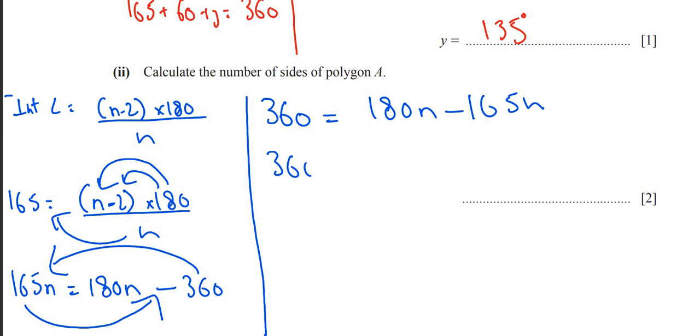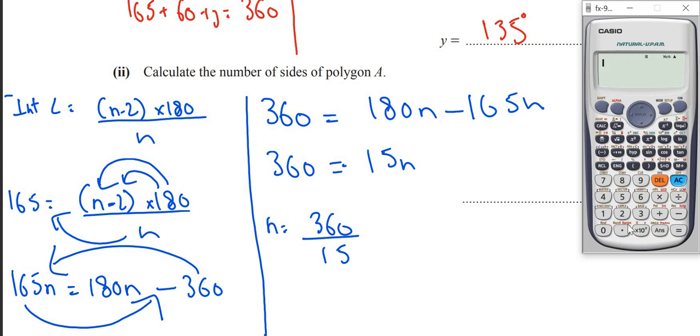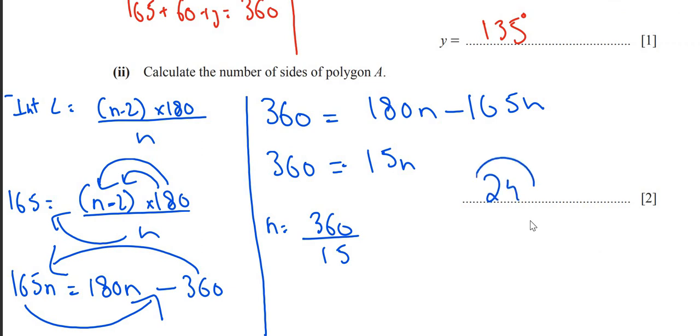So 360 is equal to, what's 180 minus 165? It's 15n. n is equal to 360 divided by 15, that's 24. So the number of sides of the polygon is 24.